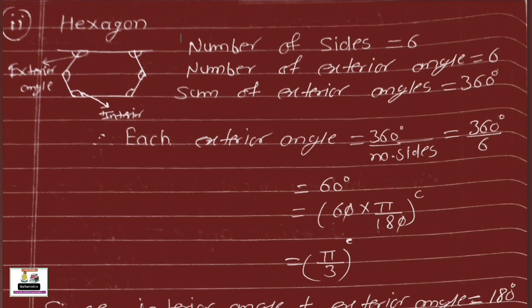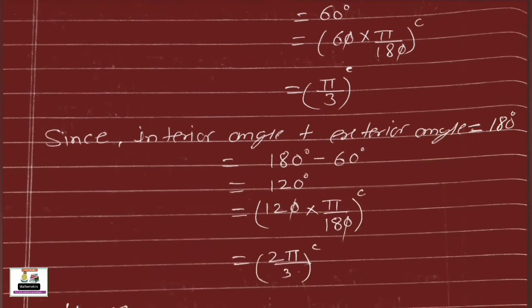Here the number of sides is 6, the number of exterior angles is 6, and the sum of exterior angles is 360 degrees. Since each exterior angle is 360 upon the number of sides, and the number of sides is 6, the calculation gives 60 degrees. Then convert this into radians, 60, then we get pi by 3 radians.